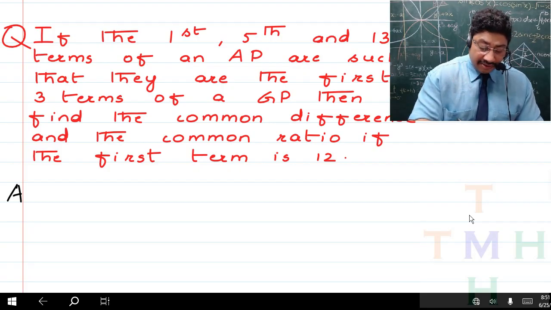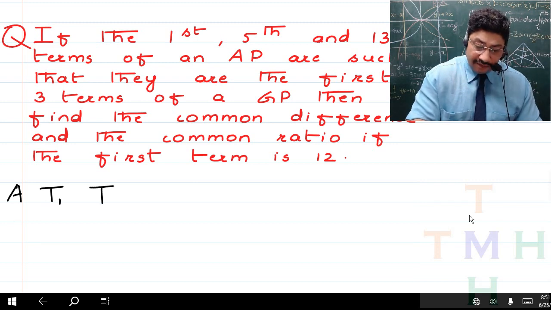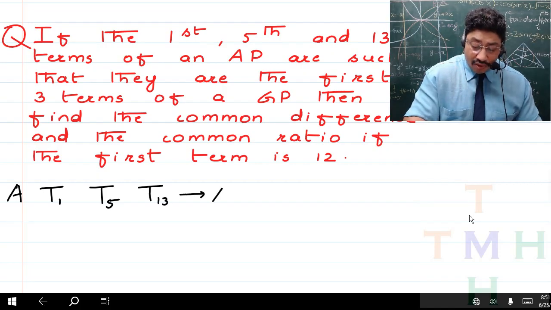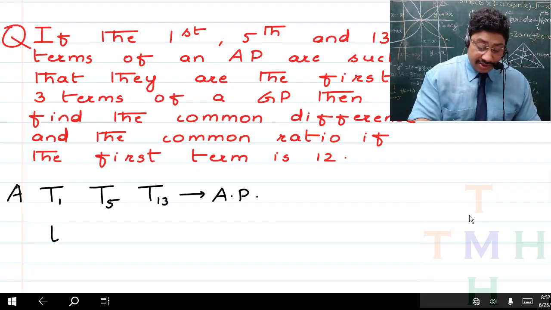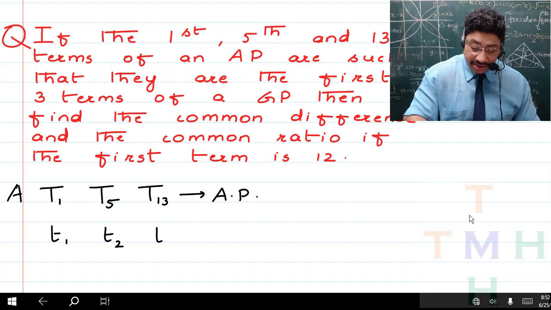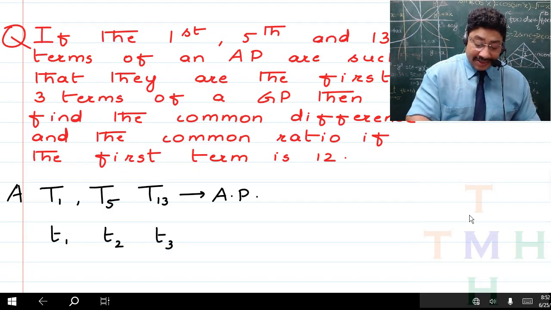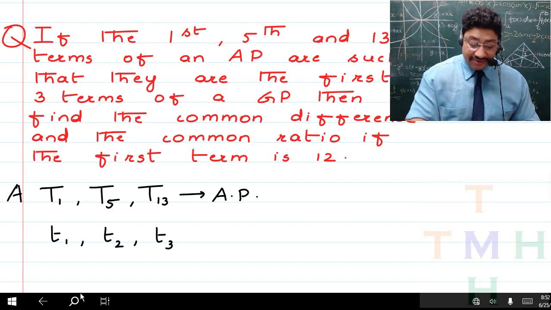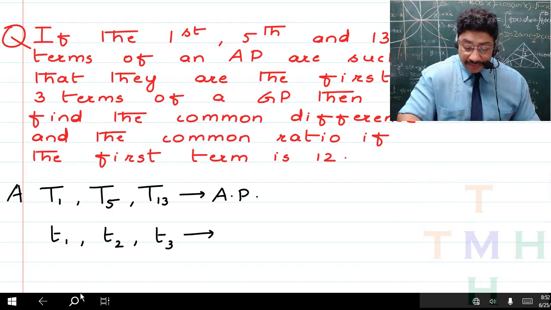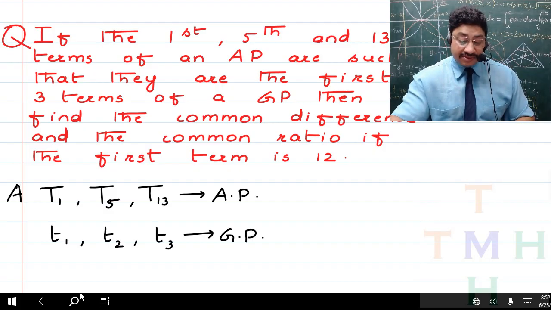We have the first term T1, then the 5th term, and then the 13th term of an AP, and they are actually the first term, the second term and the third term, that is, 3 consecutive terms of a GP. This is the fact given to us by the first statement.